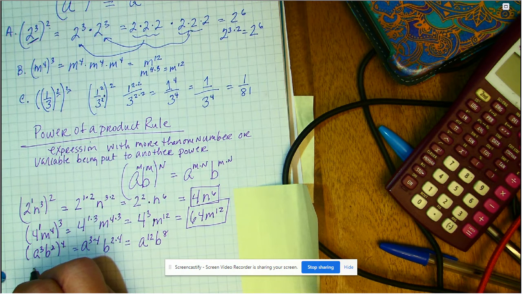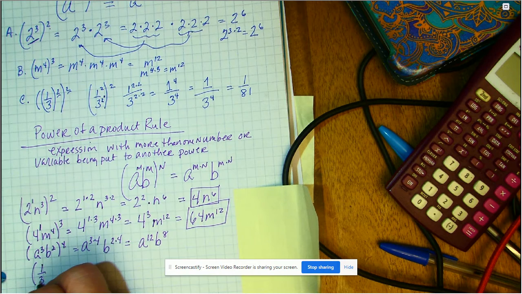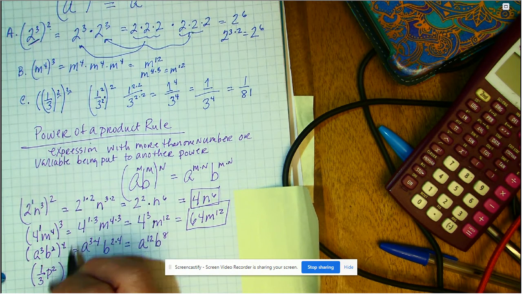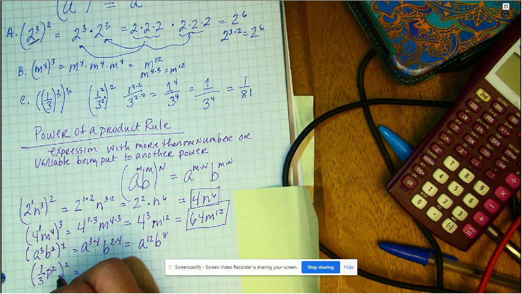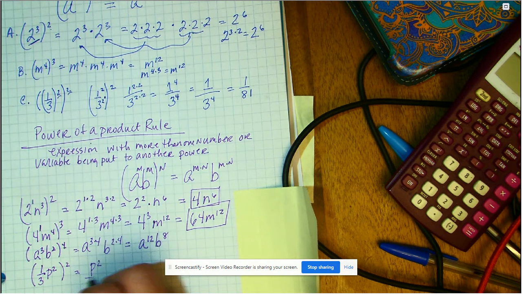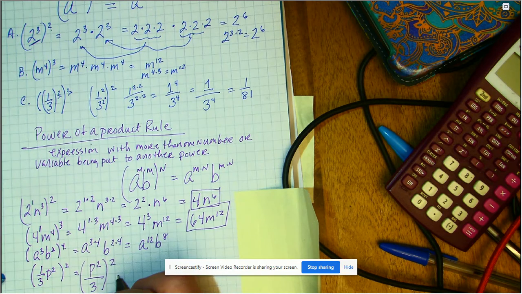And again, let's do a fraction. What if we had 1/3 p squared, squared? One thing I need to know is that if I have a variable sitting next to a fraction like that, I can put it in the fraction. It would go on top. So I could rewrite that as p squared over 3, and that's being squared.